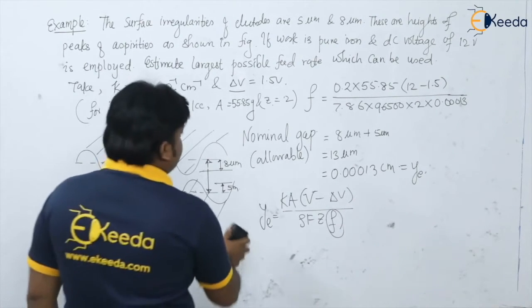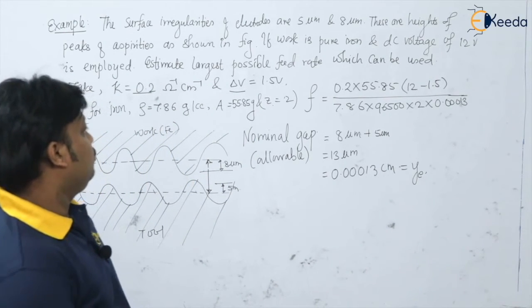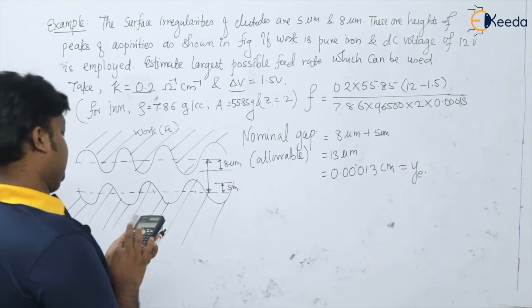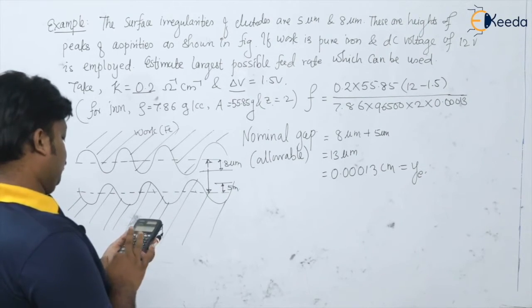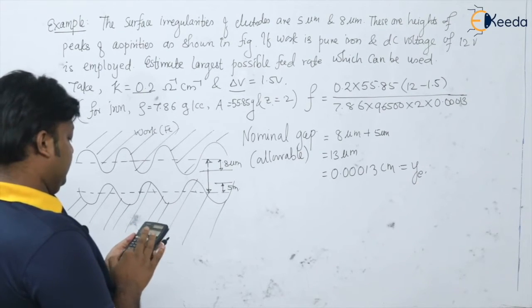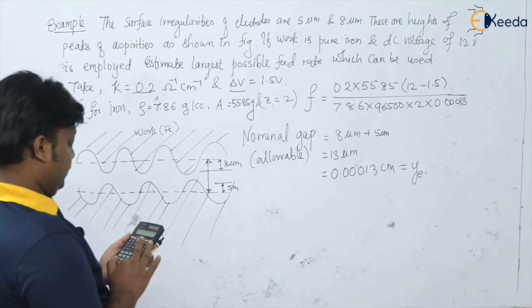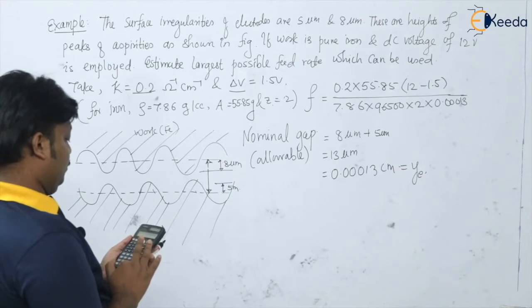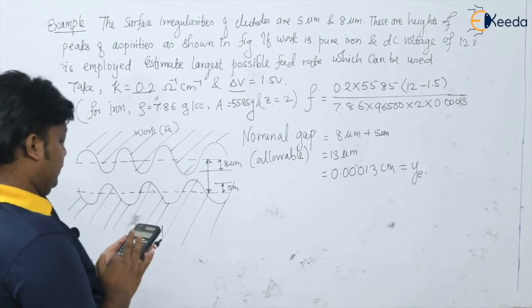So let us calculate and tell me the answer. So it will be 12 minus 1.5, into 0.2 into 55.85 divided by 96500 divided by 7.86 divided by 2 divided by 0.00013.